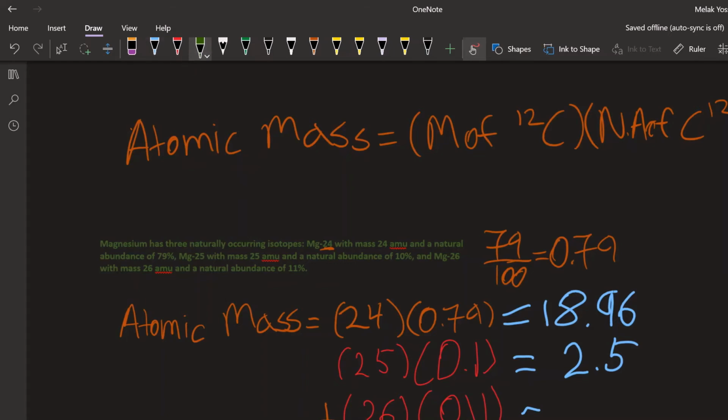And 26 times 0.11 is going to be 2.86. Now, if we add those all together, paying attention to significant figures, the answer would be 24.3 atomic mass units. 24.3.